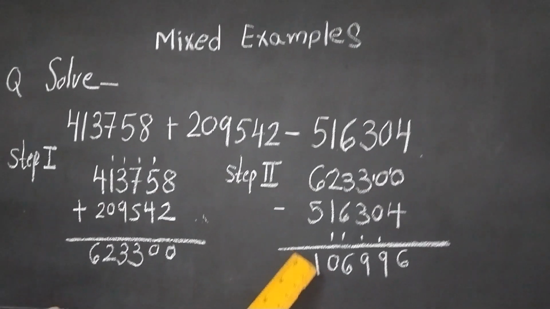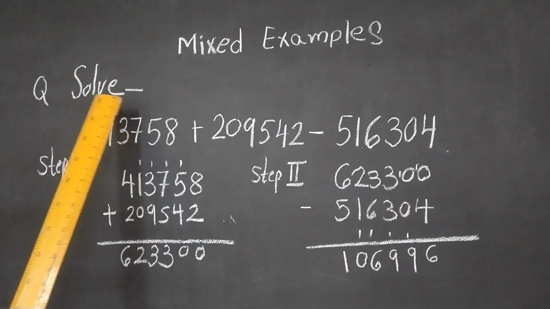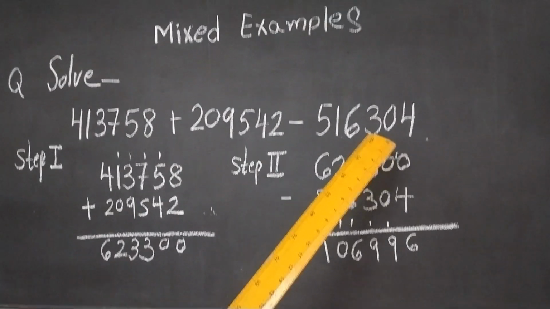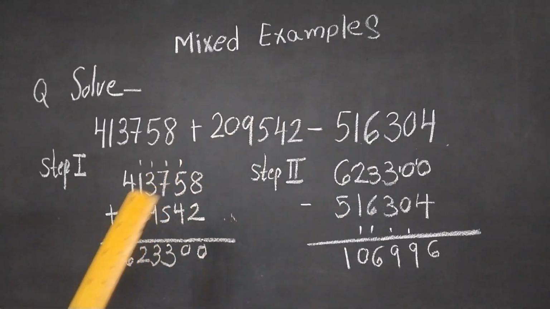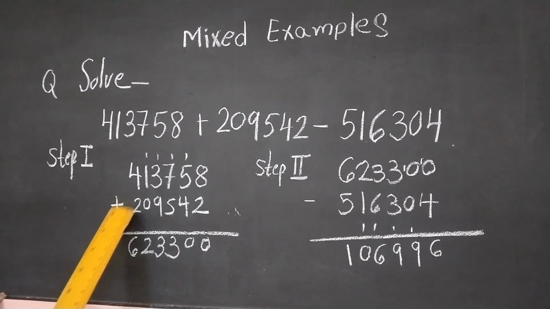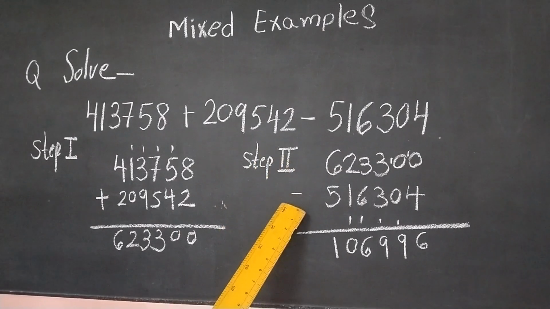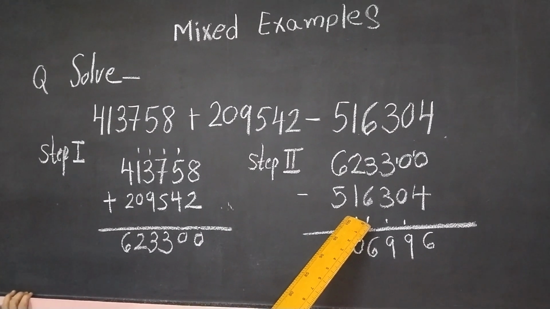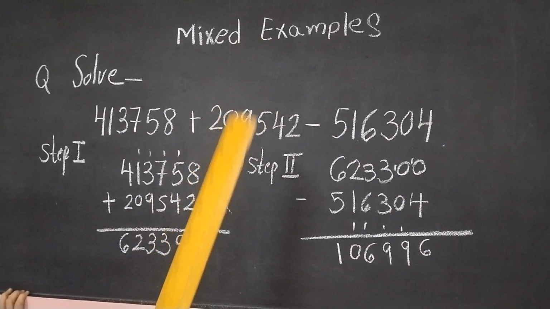So here we will find that direct instructions are given. No words are used here. First step required addition and the second step required subtraction. And this goes under mixed example.